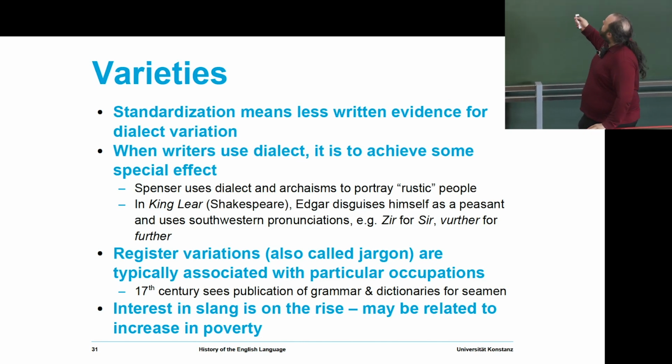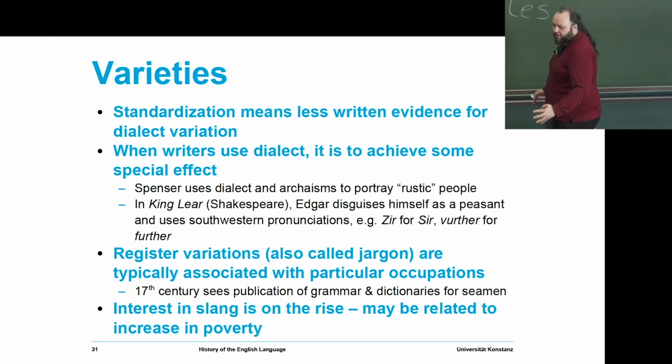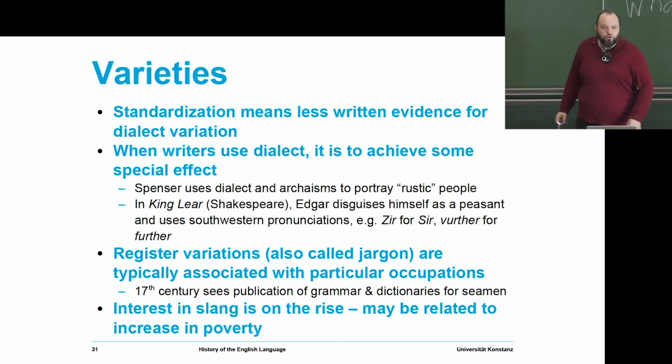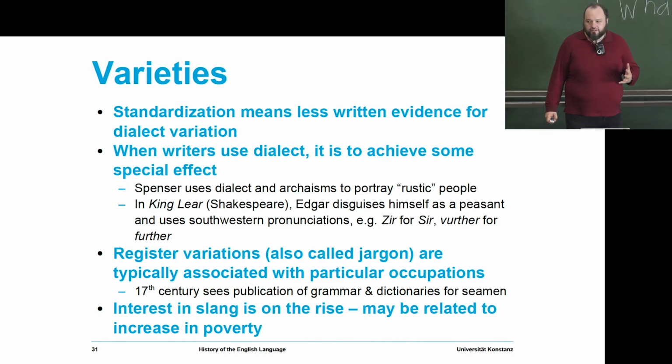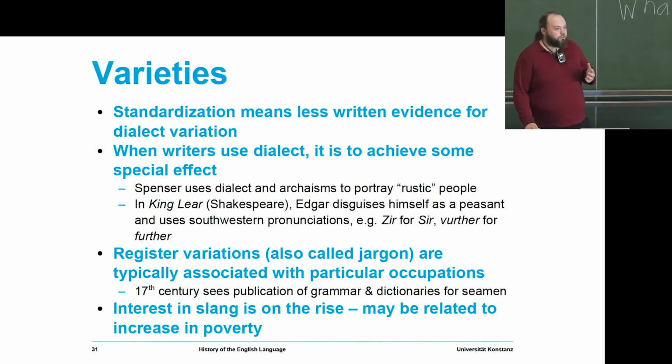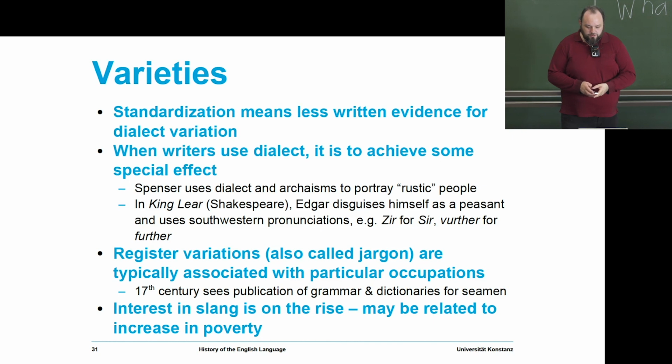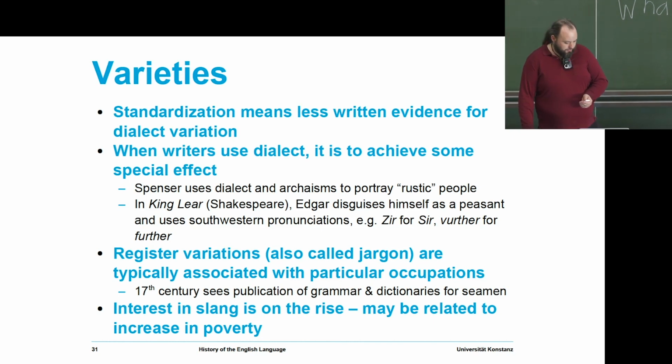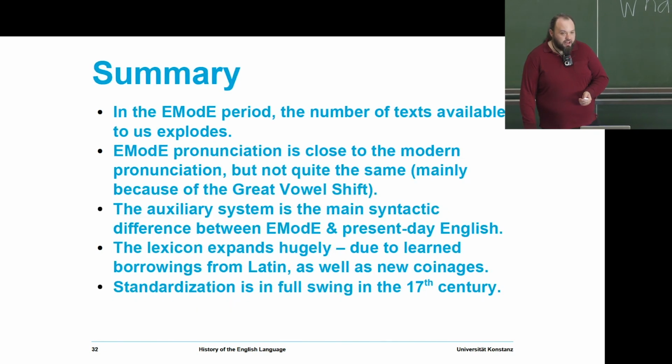Specifically, you remember what this is called? Voicing of initial fricatives. So, zer instead of sir, further instead of further. This very southern, rural feature of English we get used for a kind of semi-comic effect, right? But not only comic, it's also showing that this guy is disguising himself. He's taking on a different persona. There is much more to be said about the varieties, which we cannot say now.